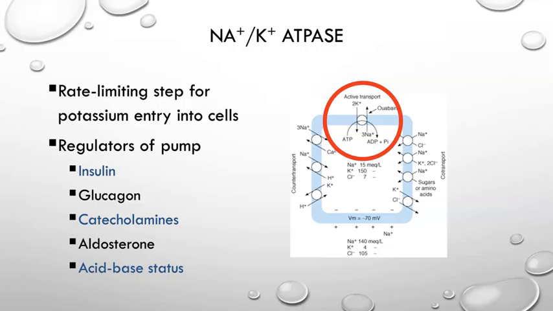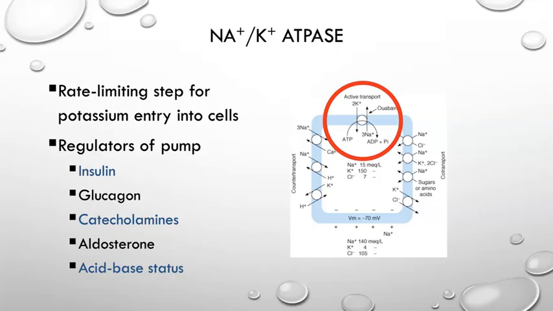Increased sodium-potassium ATPase activity lowers the serum or extracellular potassium concentration, and conversely, decreased sodium-potassium ATPase activity raises extracellular potassium. This pump moves potassium into the cell and sodium out.